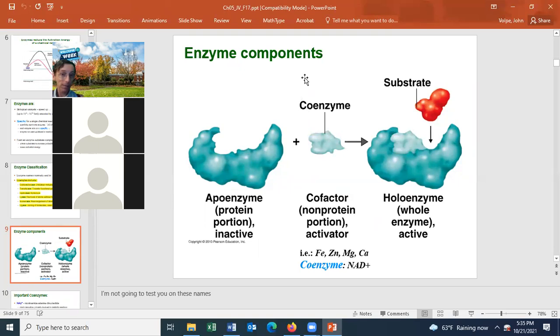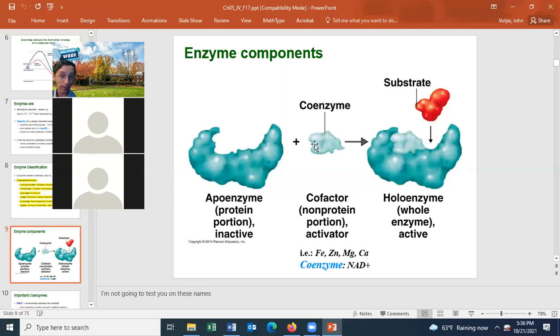A coenzyme is a biological molecule which helps out an enzyme. We'll talk about a few coenzymes in this lesson. NAD+ is a coenzyme. We'll talk about that in aerobic respiration. The difference is that a coenzyme is a little bigger.